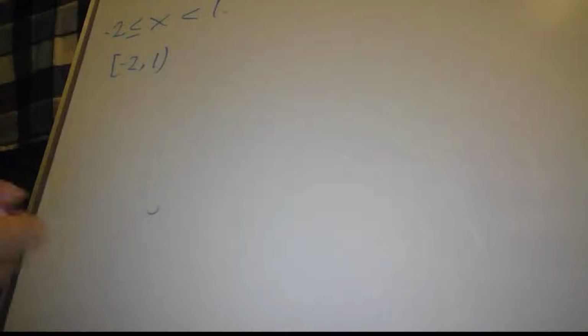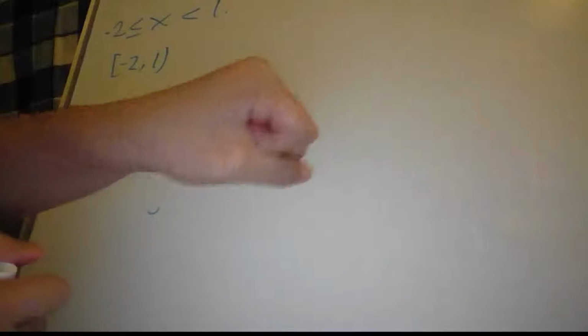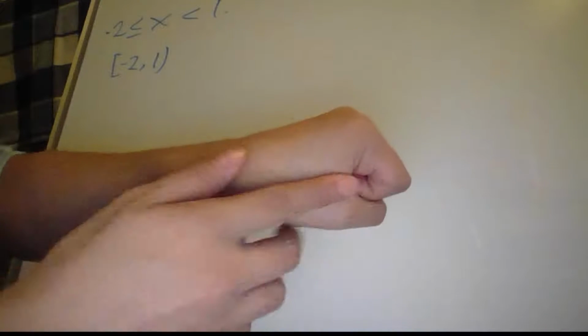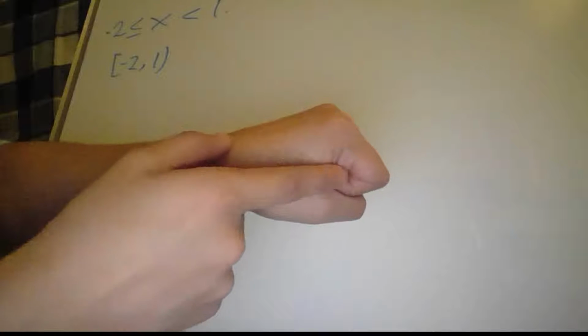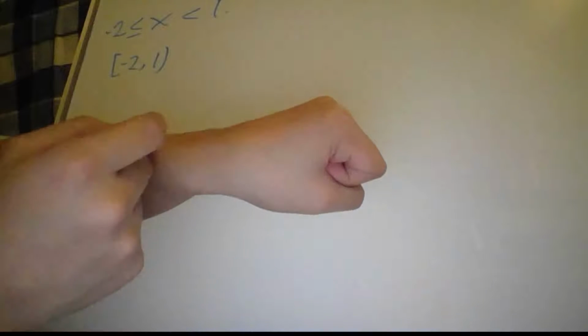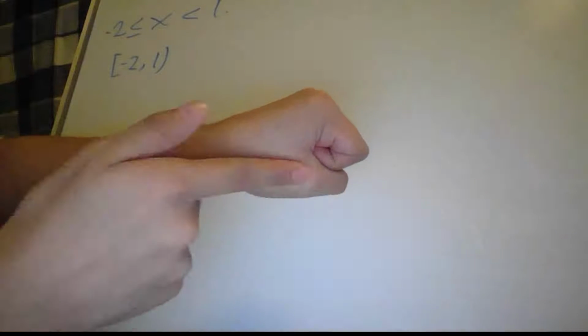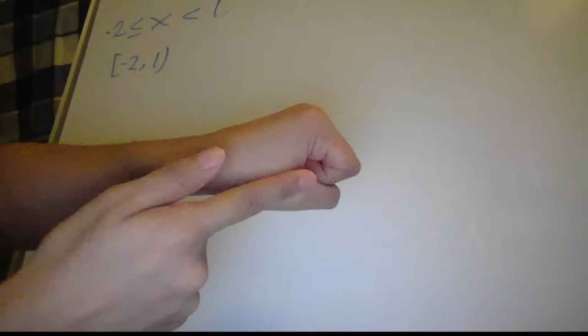One of the things that my teacher taught me was that if you put your fist like this, this is a closed circle, a closed dot. If you look at the shape of your hand, it looks like a bracket.